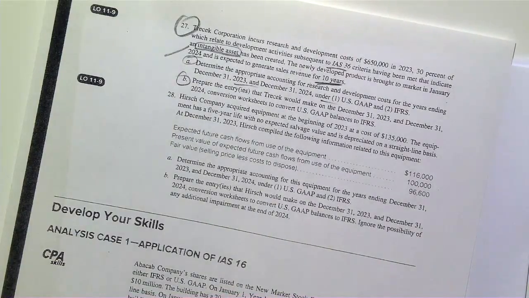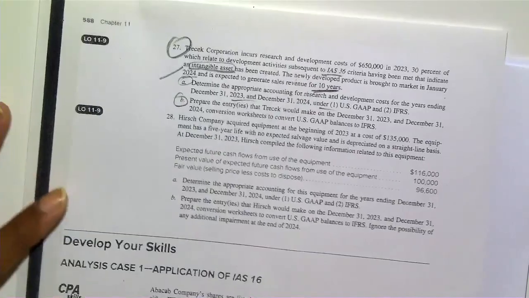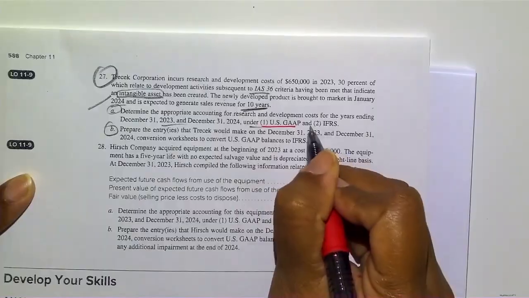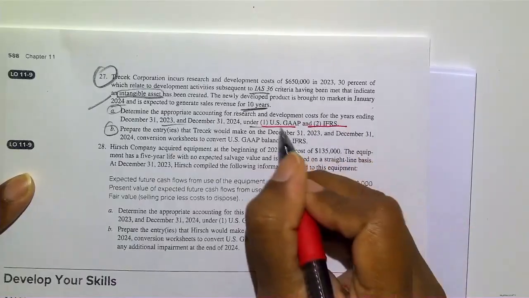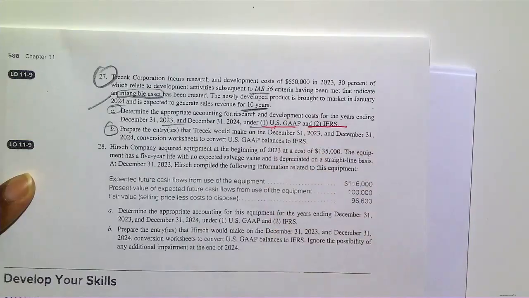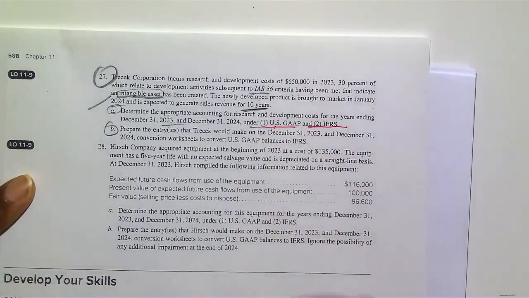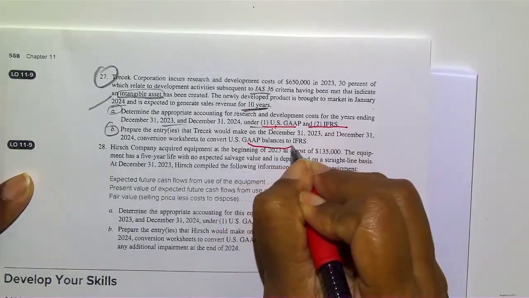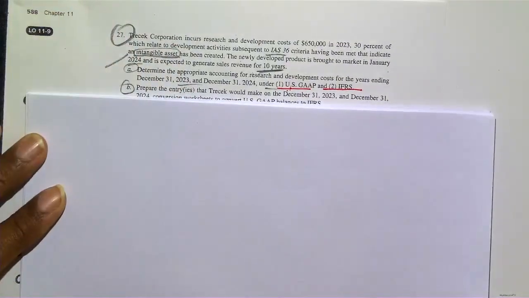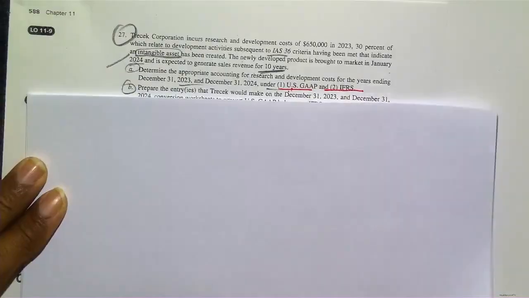IFRS and US GAAP, which one do you want to do first? Number 1 says US GAAP and IFRS. If you do it by hand, it doesn't matter, but Connect will see first you are doing the GAAP entries in one tab, then IFRS, and then this time we are converting from GAAP to IFRS. So let's try to fit it on 1 page. Please try to understand, don't just memorize it.